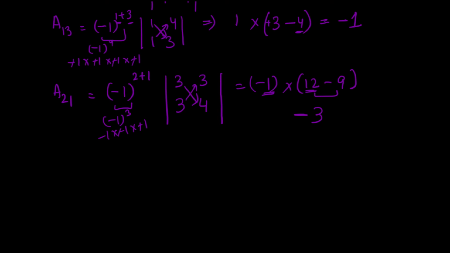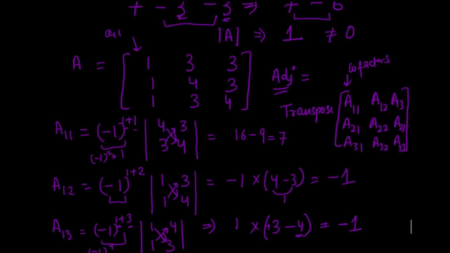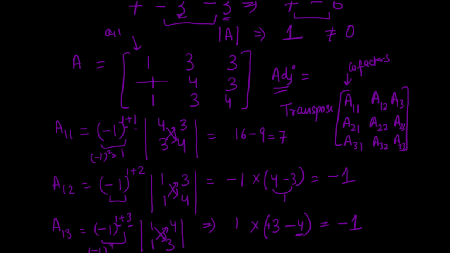Now let's find the A22 cofactor, which is minus 1 to the power 2 plus 2, and again you have to find the determinant for elements other than row 2 and column 2. So what are the elements left? 1, 3, 1 and 4.